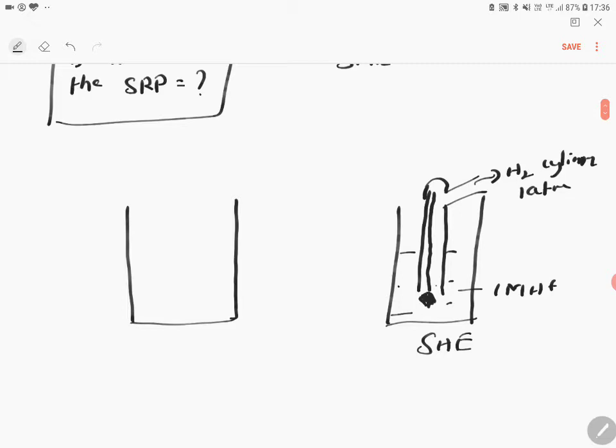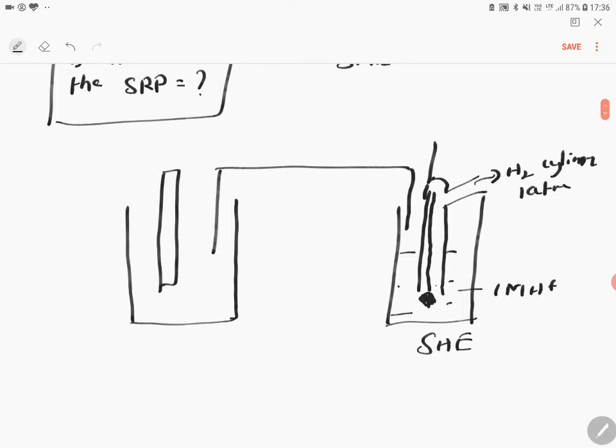Now this is an electrode which is connected to the metal electrode here, and here you have a salt bridge. All the setups are as usual.